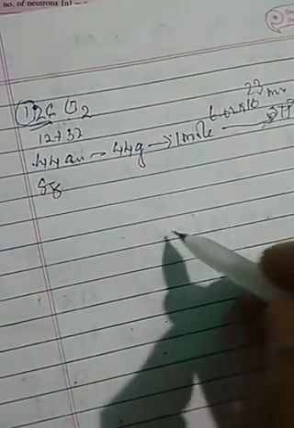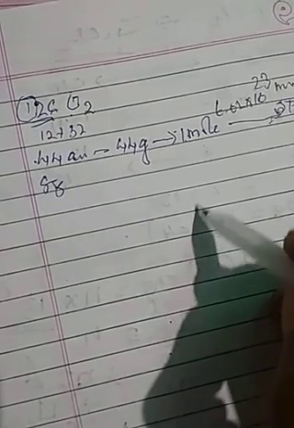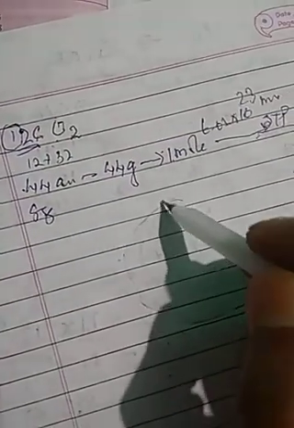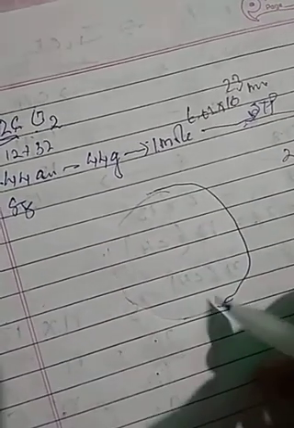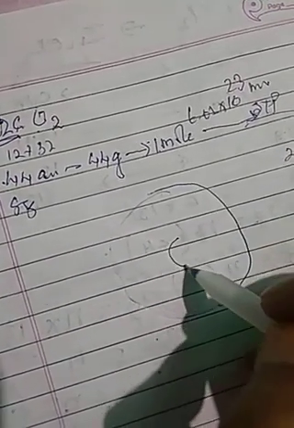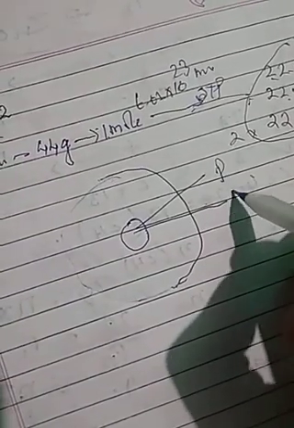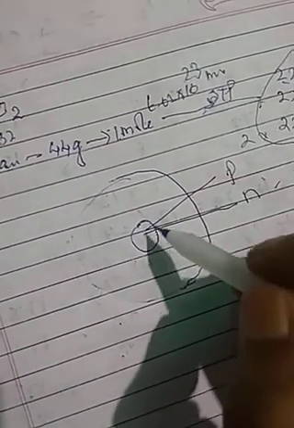For this distribution of electrons, we studied that an atom is spherical. At the central part, there are neutrons and protons.